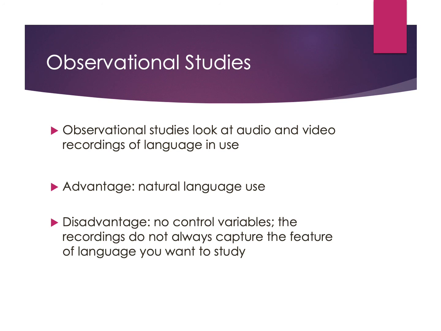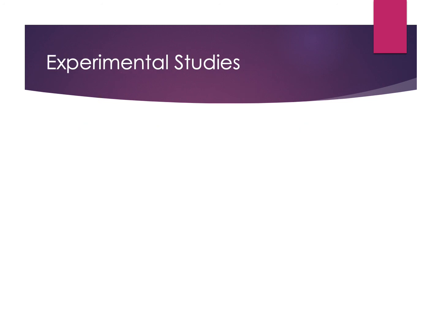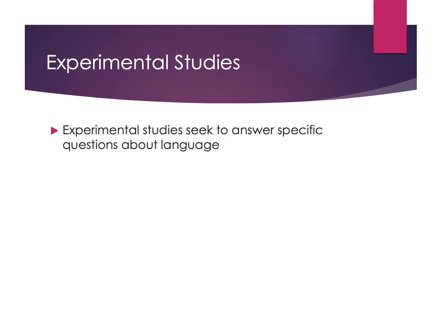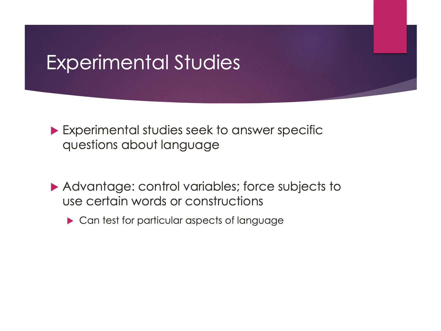So it might not capture everything that you're really looking to discuss, which is where experimental studies come in, because these are designed to look for specific questions about specific aspects of language usage. So you can control variables, you can force subjects to use certain words or certain constructions. You can sort of prime them for thinking about things. So, "I have one wug, now I have two wugs."